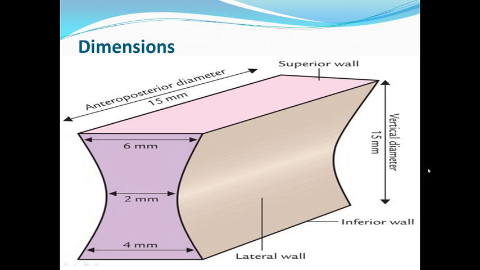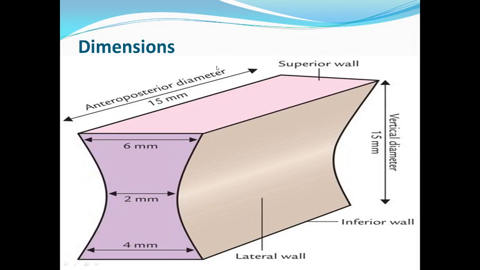Talking about dimensions, we have the anterior-posterior diameter and the vertical diameter. Both are the same, 15 millimeters. This is the anterior wall, that is the posterior wall, so this is the anterior-posterior diameter, 15 millimeters, and this is the vertical diameter in between the superior wall and the inferior wall, also 15 millimeters.